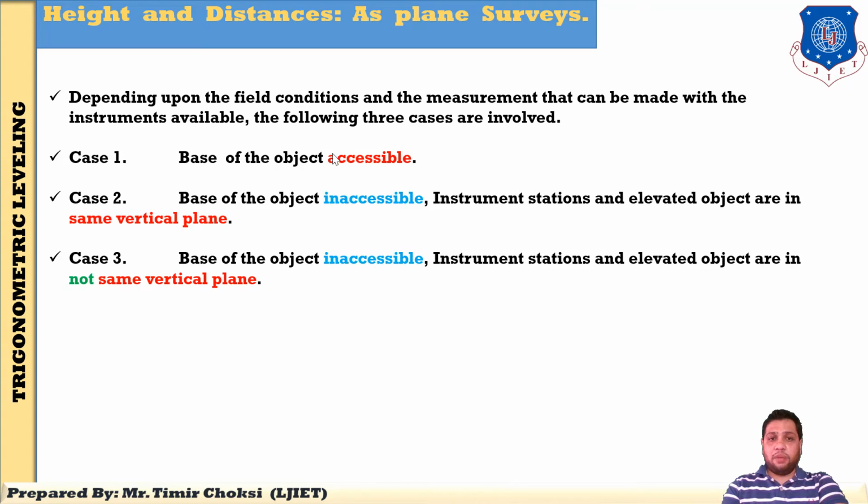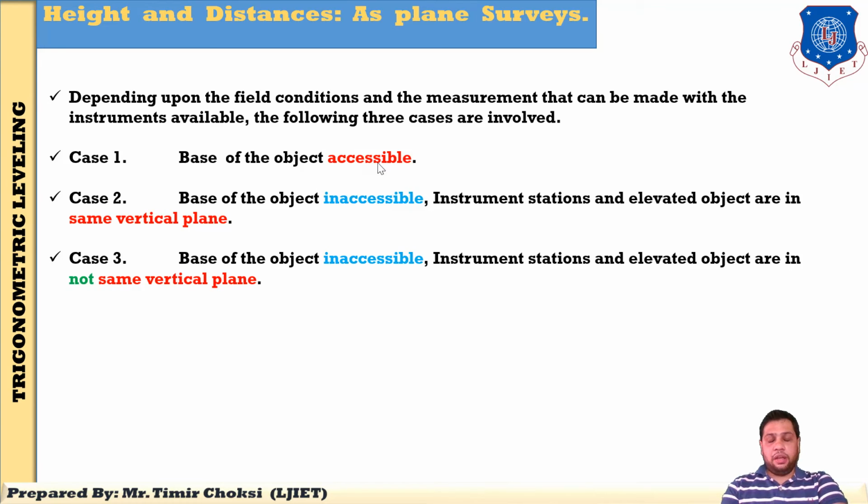First case, base of the object is accessible. Remember that the base of the object is accessible. Case number 2, base of the object is inaccessible, but instrument station and elevated object are in the same vertical plane. And third case, base of the object is inaccessible, but instrument station and elevated object are not in the same vertical plane. Here these are the differences.